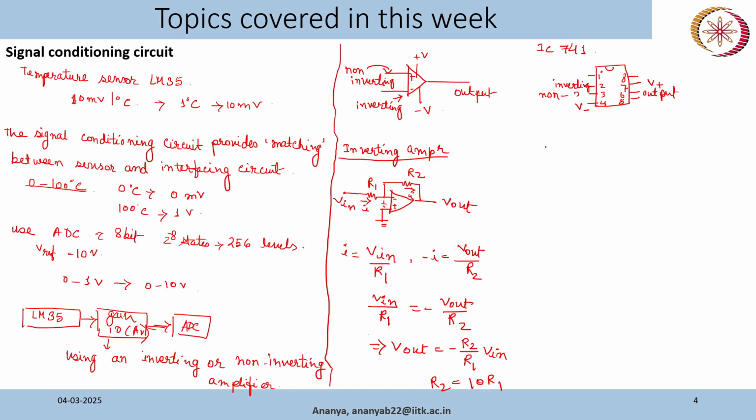Next configuration is the non-inverting amplifier. I'll use a different color. The circuit diagram will be like this. This is the non-inverting terminal, and we will apply our V in here.